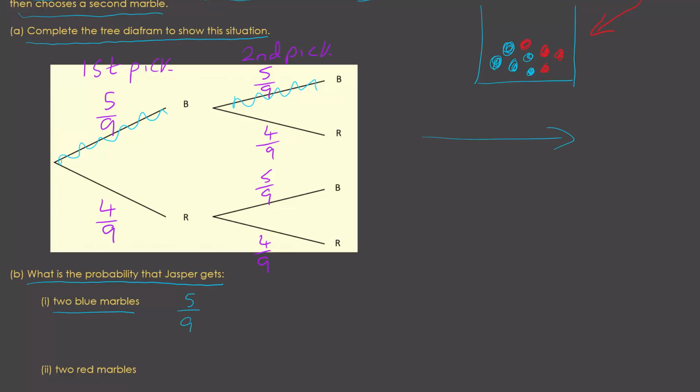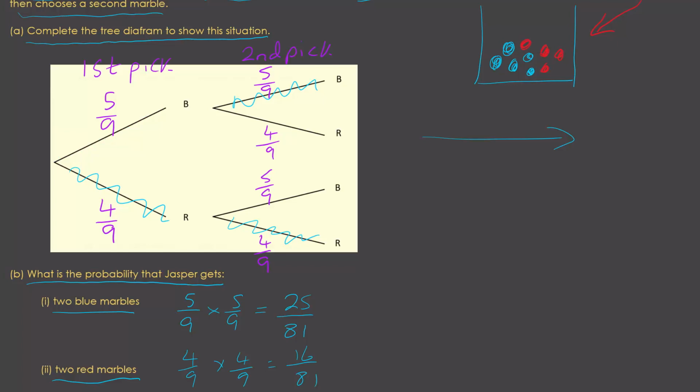So it's 5 over 9 times 5 over 9, which is 25 over 81. We're going to do the same sort of thing for 2 red marbles, except that we would go this way. And that would be 4 over 9 times 4 over 9, which is 16 out of 81.